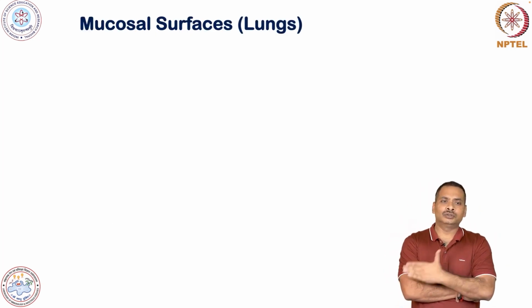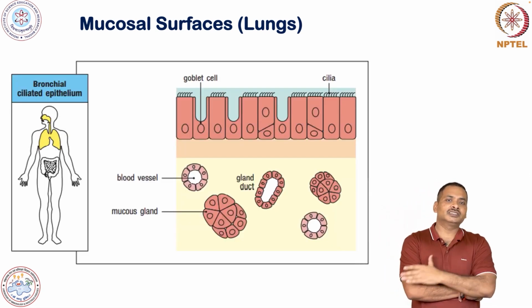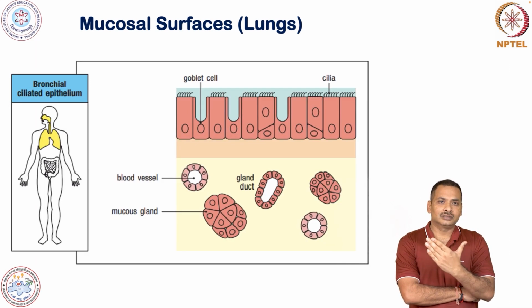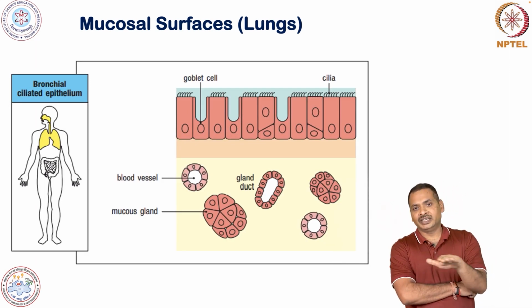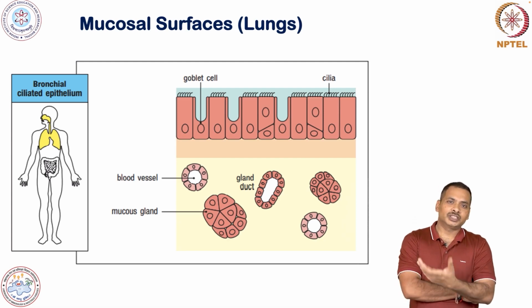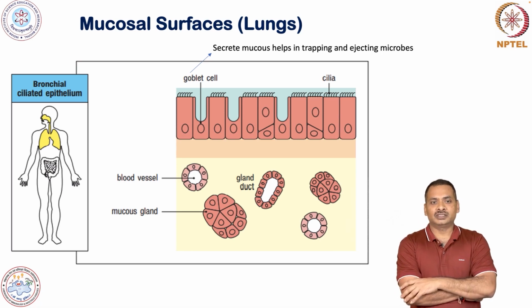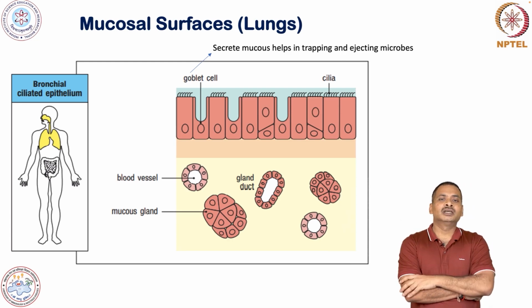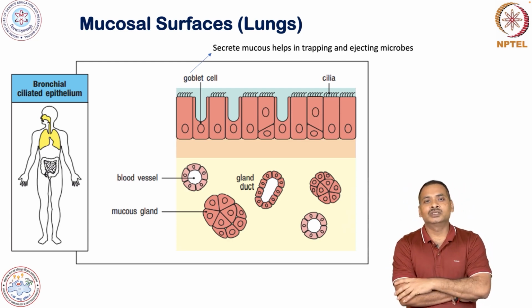Now I will take you to the mucosal surface of the lung. Let's look at the lung. Here you can see that the lung is quite a big area. Okay, and this is a lining of lung epithelia. Here you can see there is one specialized cell which keeps on producing mucus, which we call goblet cells, and this mucus basically helps in trapping the microbes and ejecting them.